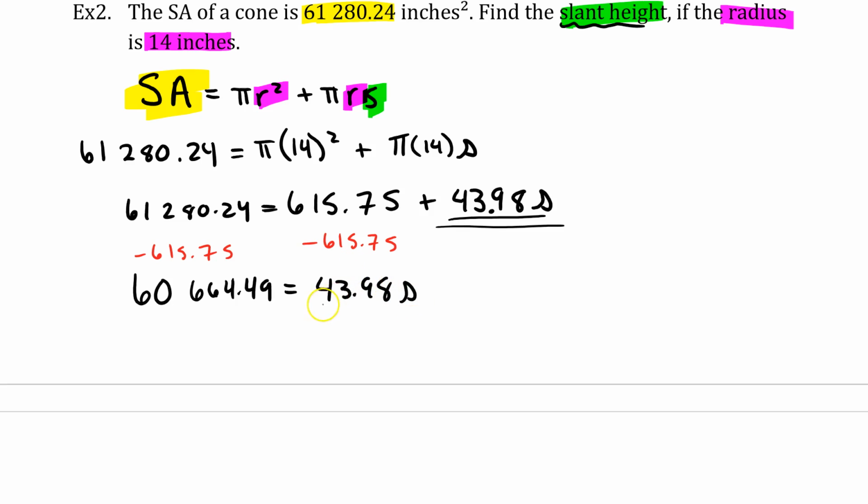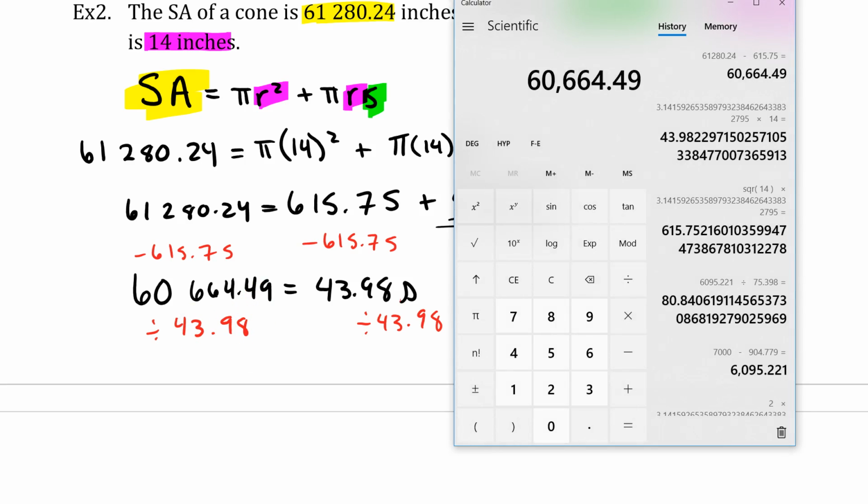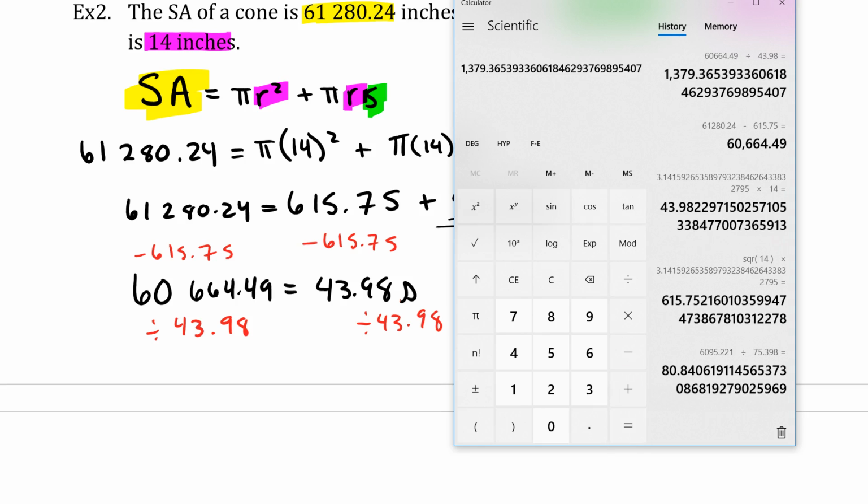43.98s. Since I have a number multiplied by a variable, now I can divide both sides by what's multiplied by that variable. So divide this side by 43.98, because if I divide a number by itself, it always becomes 1. I'm going to divide that by 43.98, which equals 1,379.37.